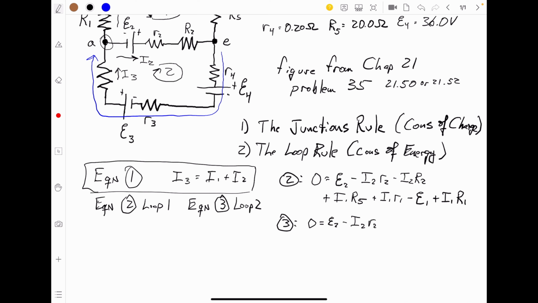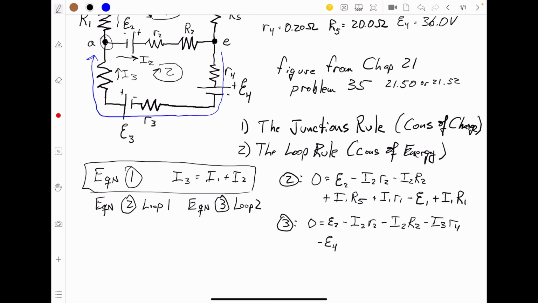Okay, and then we're going to subtract off I2, big R2. Then I3 happens to be going in line across R4 as well, the little R4. So I have to subtract off I3 times little R4. And we get to E4. Now E4, we're going positive to negative. So I have to subtract off our EMF 4.